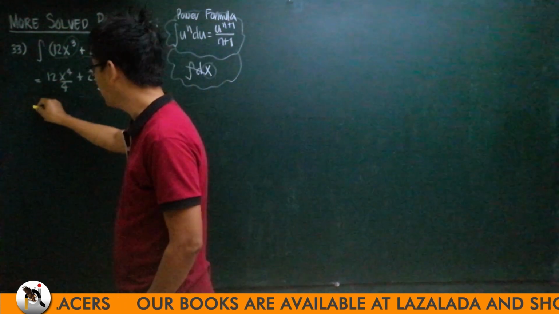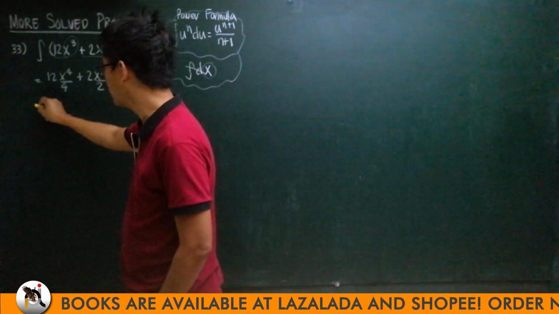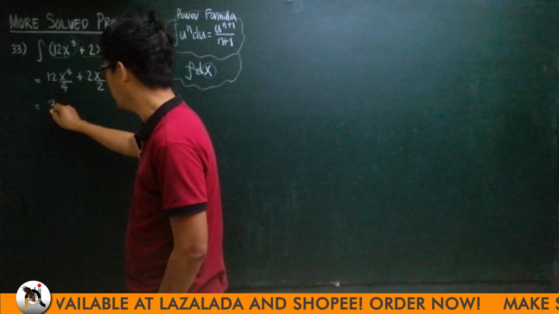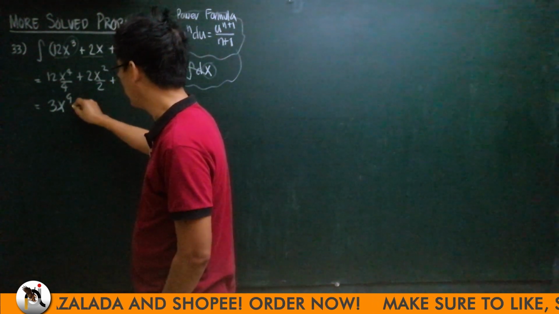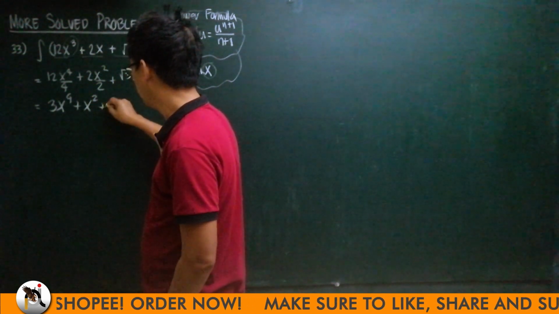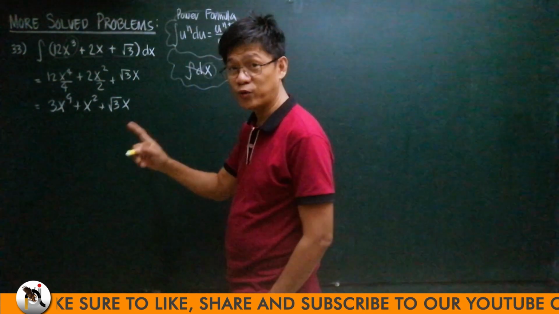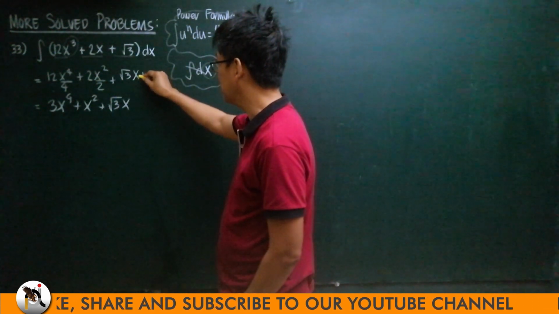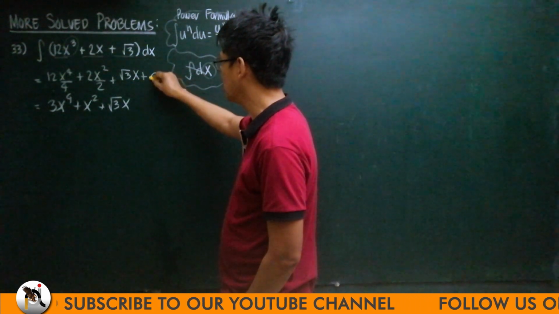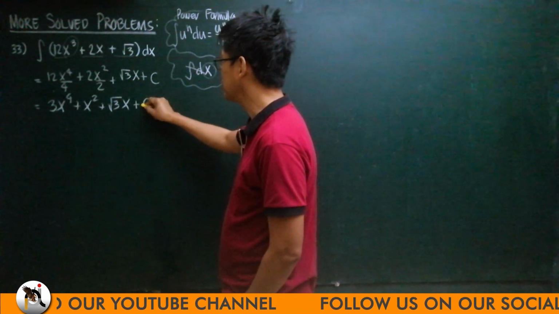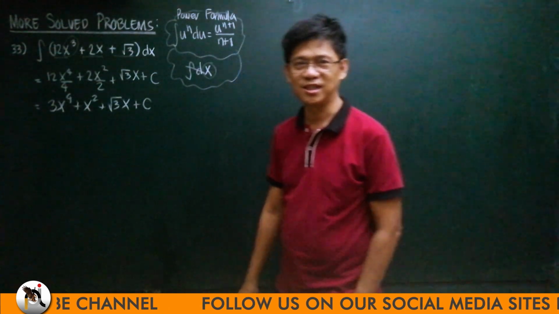Simplifying further, you'll get 12 over 4, 3x to the 4th plus x squared plus square root of 3 x. Don't forget, because there are no limits, don't forget the constant of integration c. You follow?